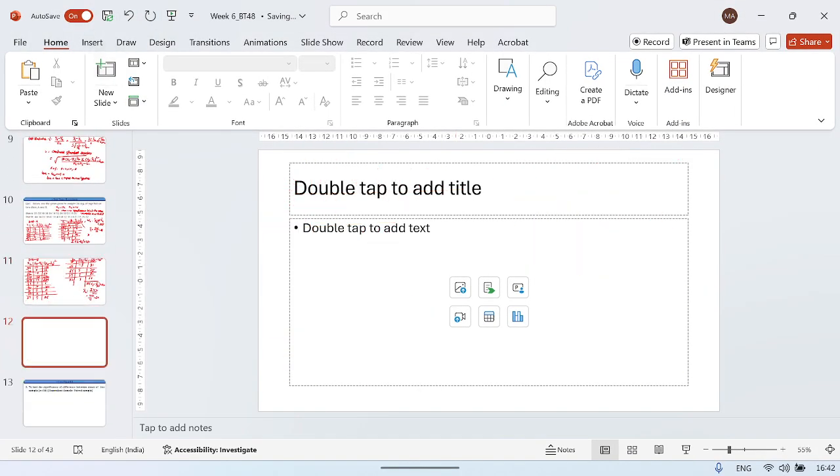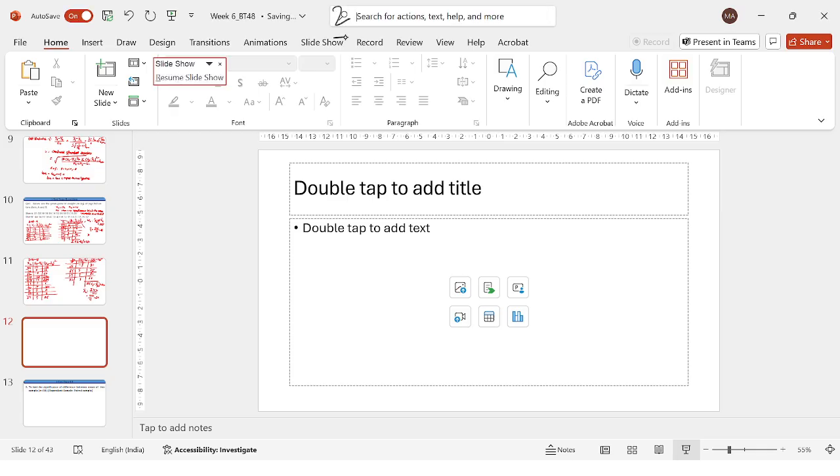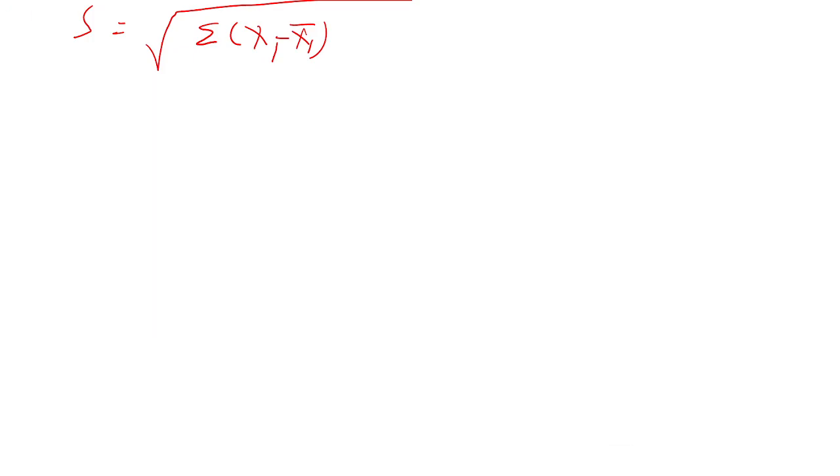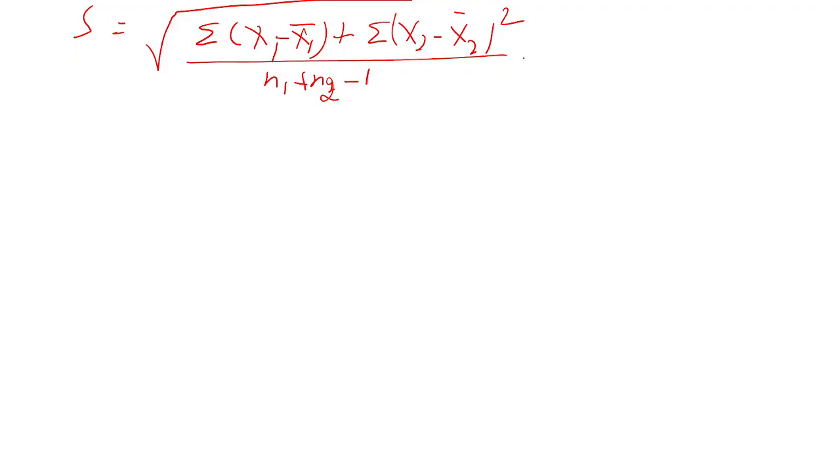We'll take one more page and now we'll calculate S. The S formula is the summation of x1 minus x1 bar whole square plus the summation of x2 minus x2 bar whole square, divided by n1 plus n2 minus 2.